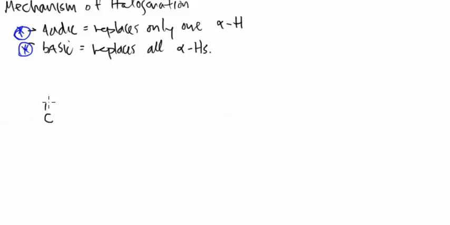Again, this could happen with ketones or it could happen with aldehydes. It really doesn't matter. So we'll do a methyl group here, and then we'll do CH2 and CH3 group there. We're only going to keep it simple, so we're only going to focus on one of these hydrogens with the mechanism itself.